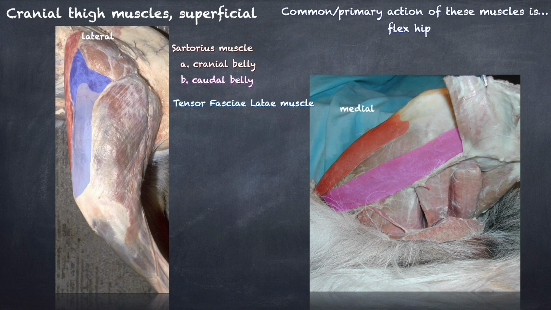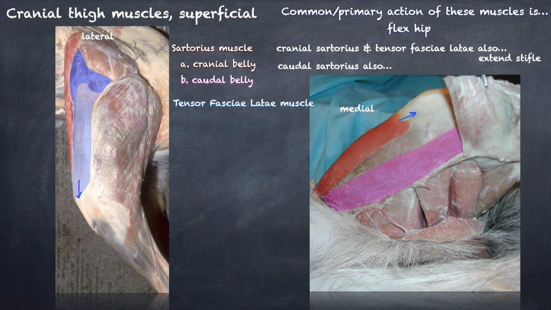We see that the cranial belly of the sartorius and the tensor fasciae latae are also going to extend the stifle. Okay? The caudal sartorius then would, look where it's going. It's coming down here, caudal to the point of rotation. So it's going to flex the stifle.